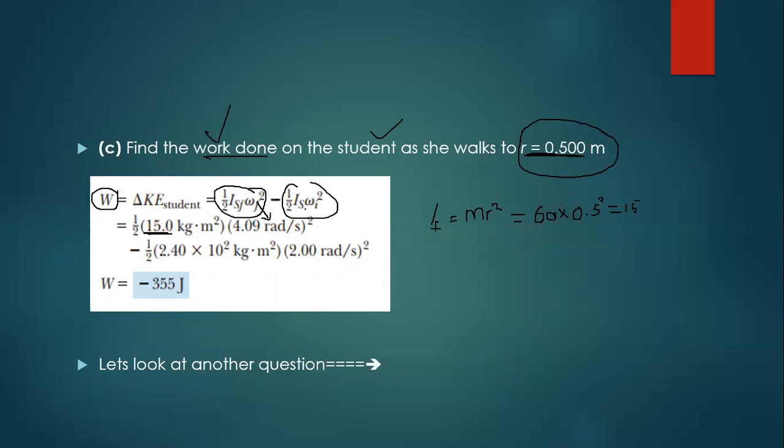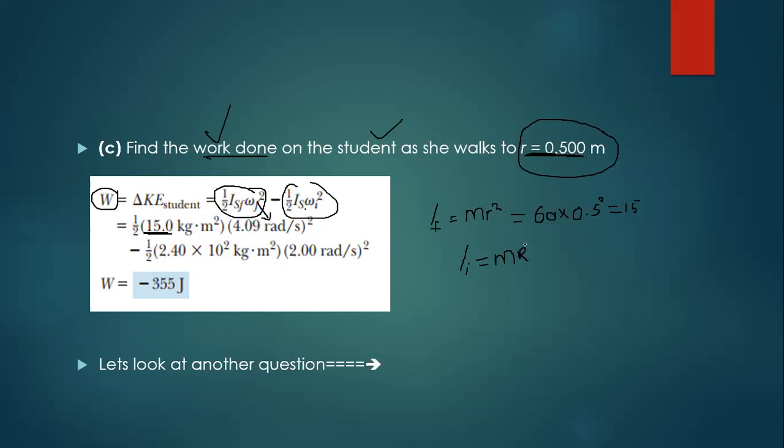Now we have the moment of inertia initial for the student given as 2.4 times 10 to the power 2 kg meter squared. What does that mean? It means that the moment of inertia initial for the student is mass times radius squared. Here, the initial radius was at the edge of the merry-go-round, so it has the radius of the merry-go-round.